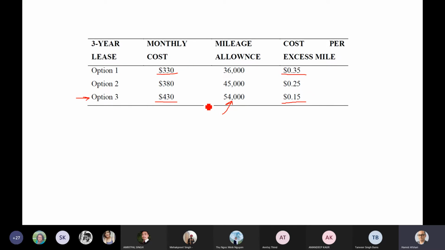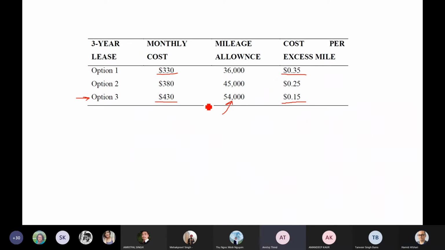Okay, so let's review the problem. How many alternatives do you see here? 3. We have 3 alternatives, that's right. And how many states of nature do you see here? 3. So can you open up what those 3 states of nature are?